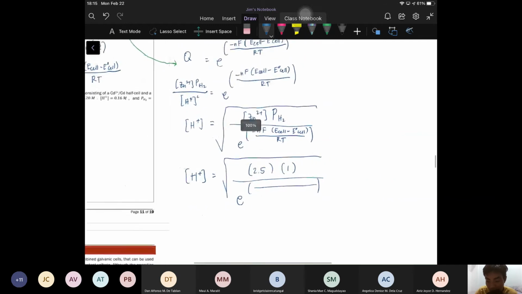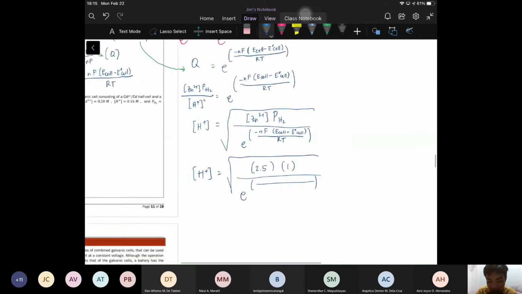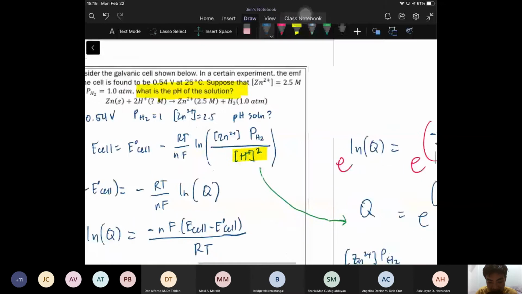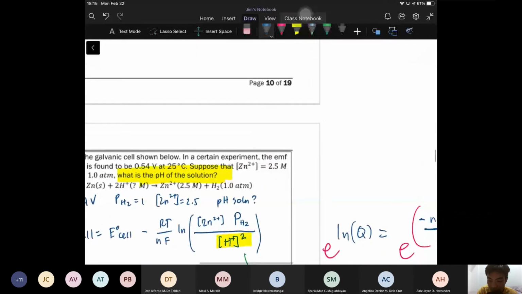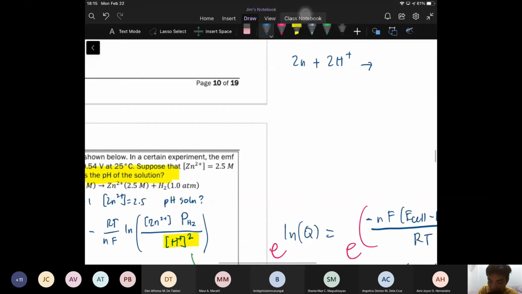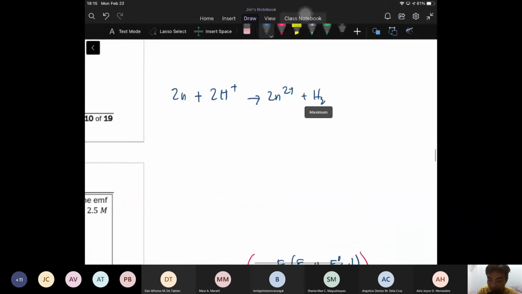So, solve natin yung n, pati yung E not cell. Copy ko lang yung equation dito sa taas. Zinc plus 2H plus gives zinc 2 plus plus H2. Okay, so paghiwalayin natin yan.